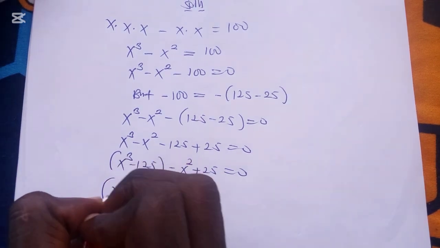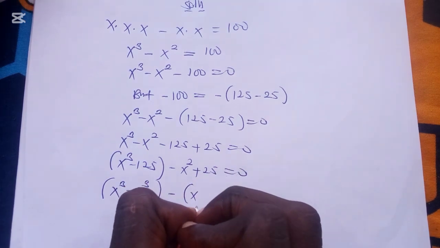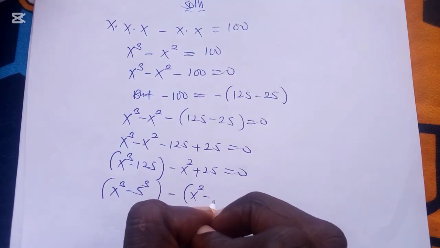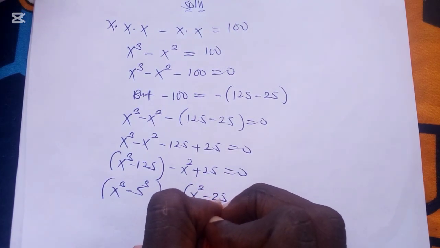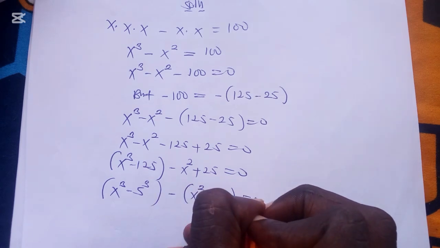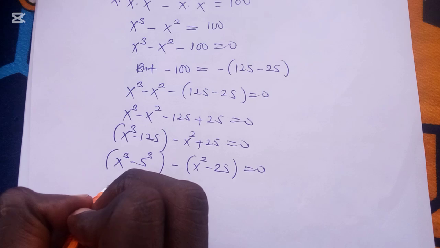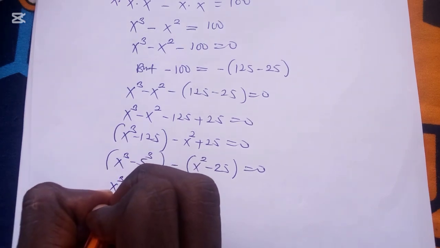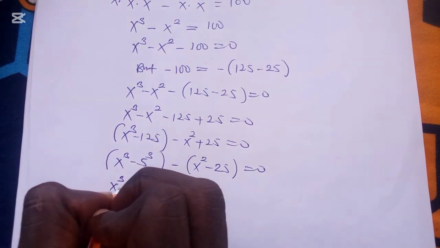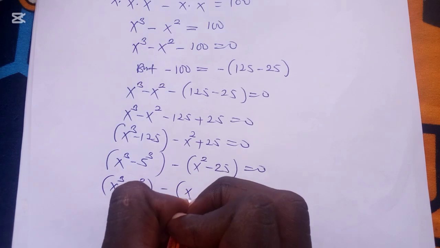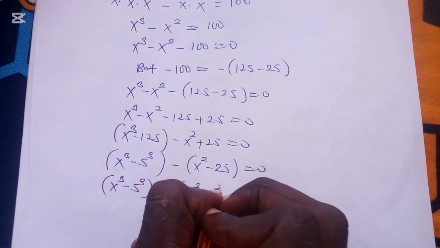Okay, minus this also can be expressed as x square minus 25, which is equal to 0. Now it continues. We say x raised to the power 3 minus 5 cube minus x raised to the power 2 minus 5 square.